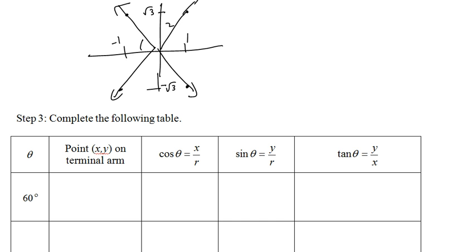So for 60 degrees, the point on the terminal arm is going to be 1, root 3, which means that cos is going to be 1 over 2, sine is going to be root 3 over 2, and tan is going to be root 3 over 1, otherwise known as root 3.